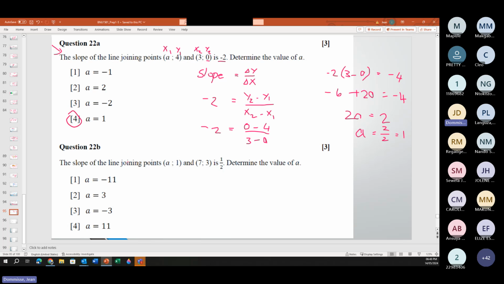Okay, we're going to do exactly the same for this bottom one. Again, they give us the slope, and then they say we need to find the value of A. So again, we can say the slope of a half is equal to y2 minus y1 over x2 minus x1.